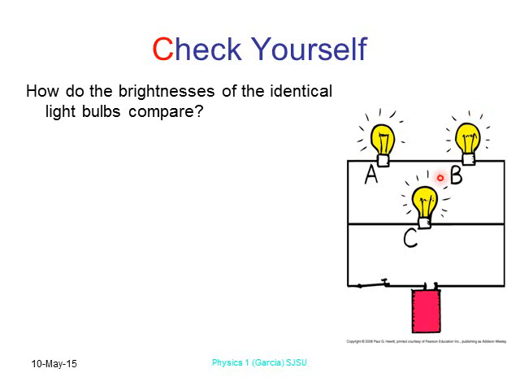Now B and C are simply a parallel circuit, and we know that B will be equally bright as C. They're going to be equally bright. But when we turn A back on, these are going to end up being about half as bright as C. And the reason is they have to split their electricity, and depending on which way it goes, one's going to end up being slightly brighter than the other.